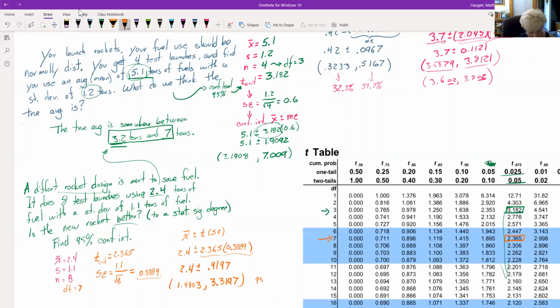So we are 95% confident that this rocket was somewhere in that range, and we are 95% confident that the other rocket was in this range. Is it possible that the second rocket is worse? It's possible.